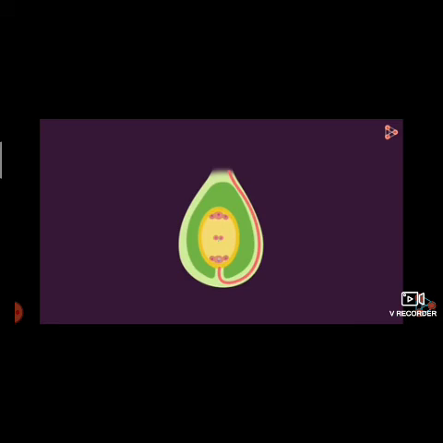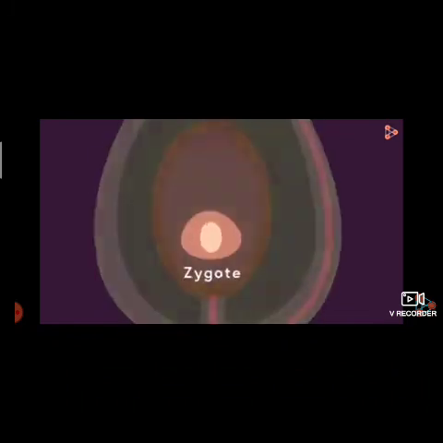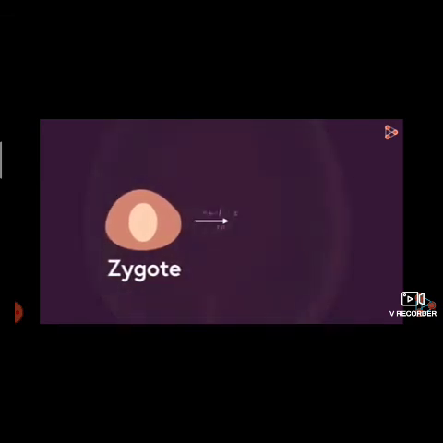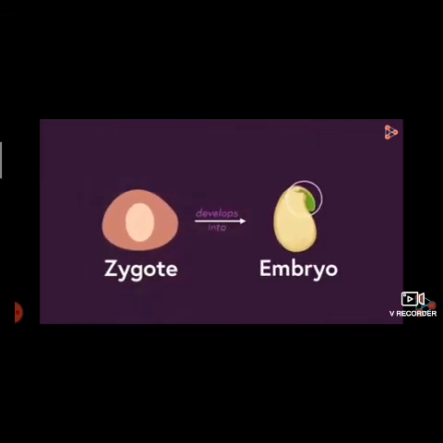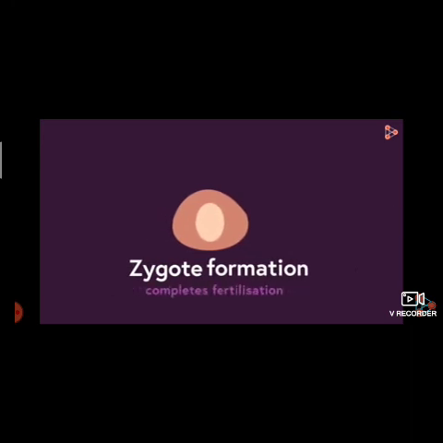Ovary of a flower, of a female part of a flower. Okay, and there a zygote will form. The fusion of male and female gamete forms a zygote, and that zygote will develop into an embryo. Zygote formation completes fertilization. After the formation of zygote, the process of fertilization completes.